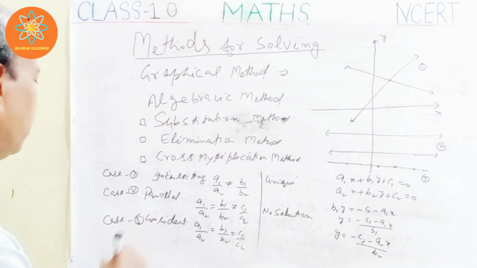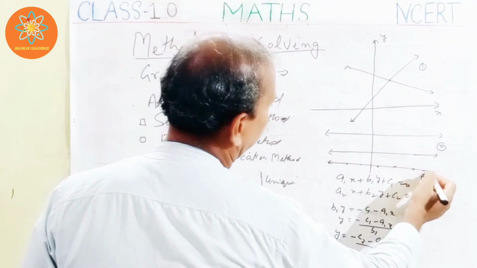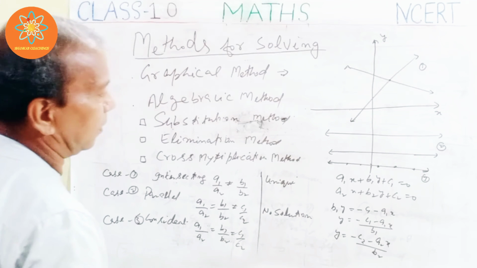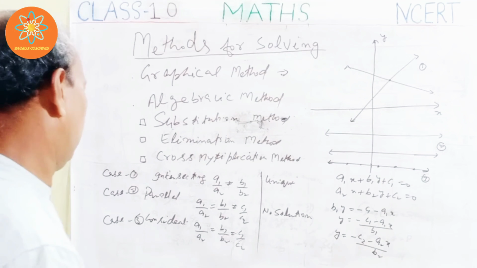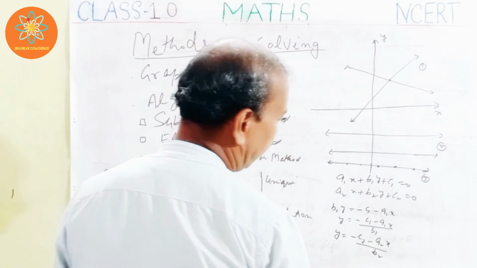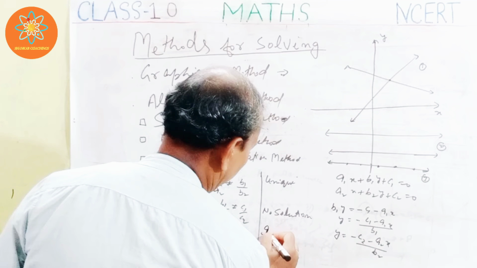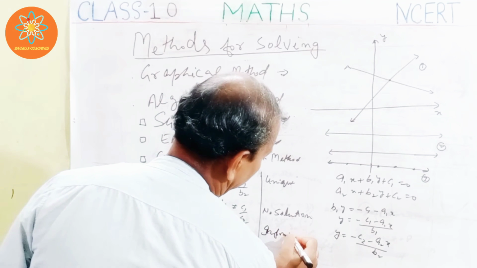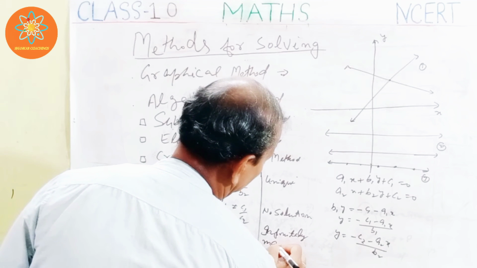If the ratio is like this, it will be a coincident line. For the coincident line, how many solutions will be there? Infinitely many solutions will be there.